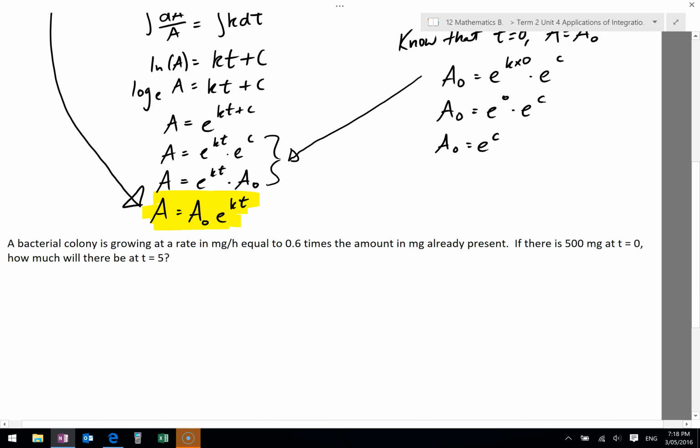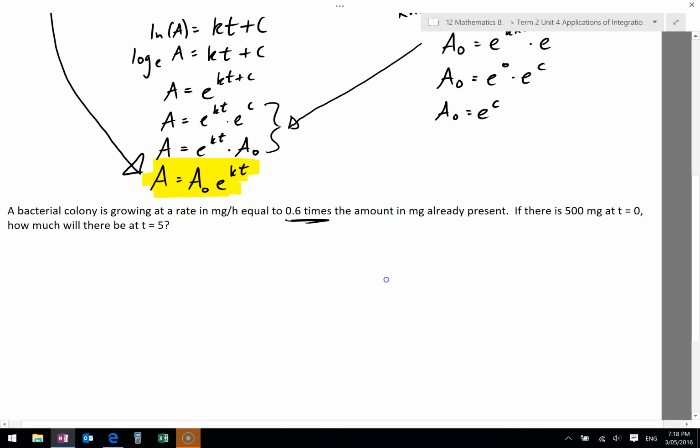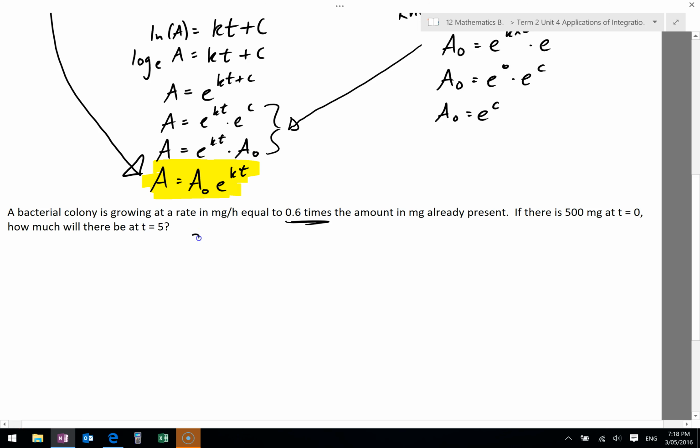A bacterial colony is growing at a rate in milligrams per hour equal to 1.6 times the amount in milligrams already present. So let's have a look. So we know that the rate that the amount is changing with respect to time is equal to 0.6 times the amount already present.